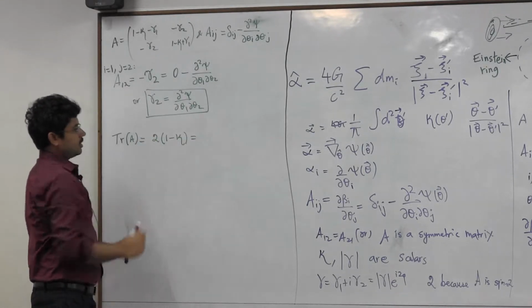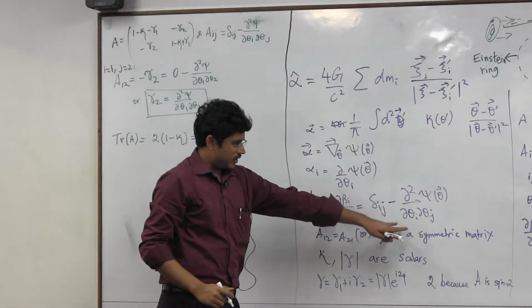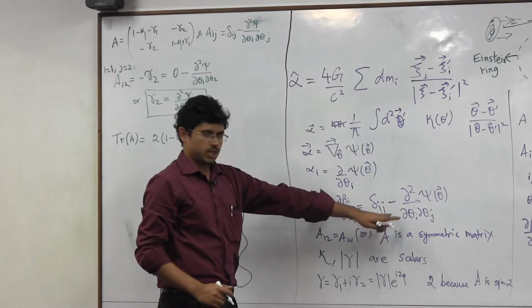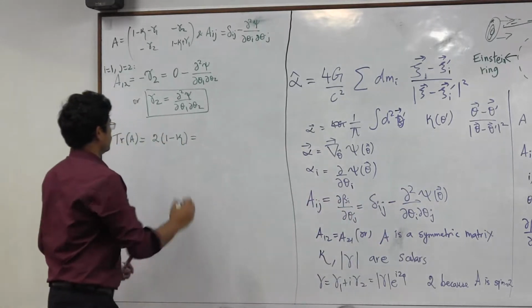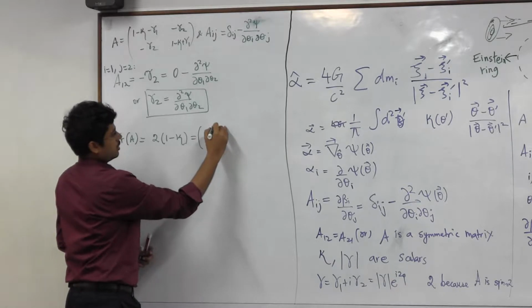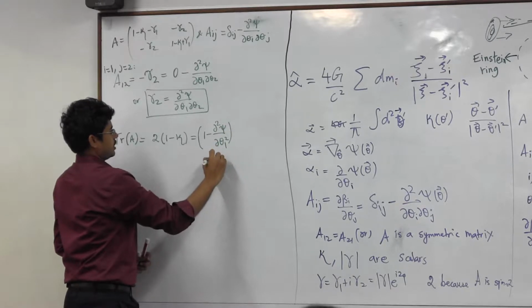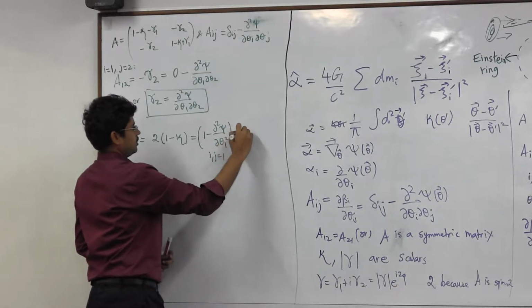And if you take the trace of this, you need to evaluate this expression for i and j equals 1, i and j equals 2. So you'll get 1 minus del square psi over del theta 1 square. So that's i and j equal to 1.